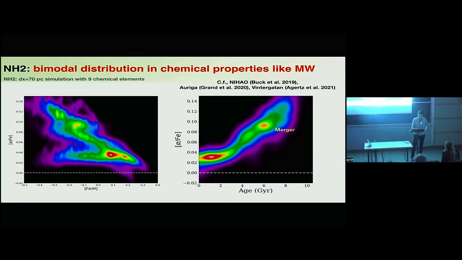Just like in the Milky Way, we have one high alpha blob and one low alpha blob, bimodality. And in the alpha over age diagram, now this is the thin disk component, presumably, and there is a higher alpha blob, which was actually produced by a recent merger, exactly as Florent just suggested.